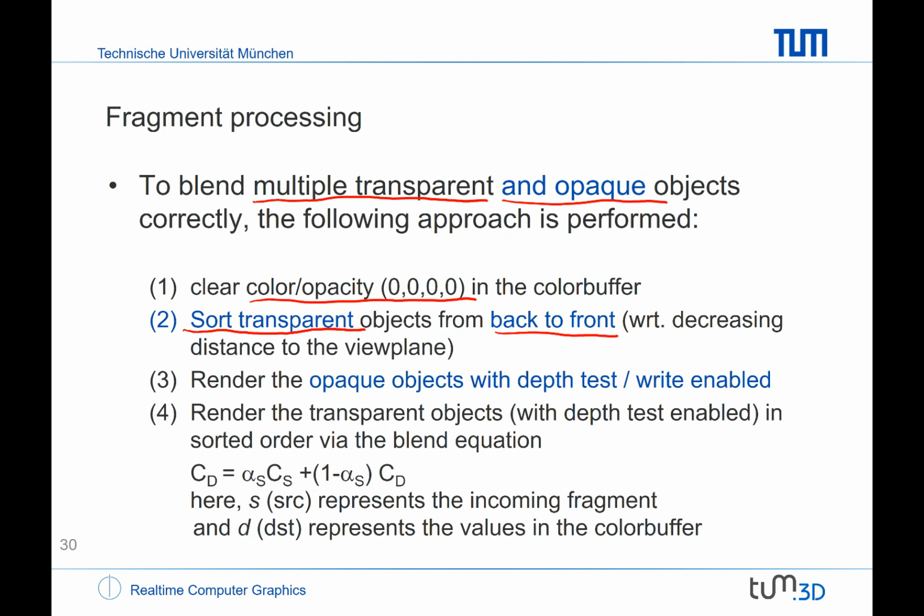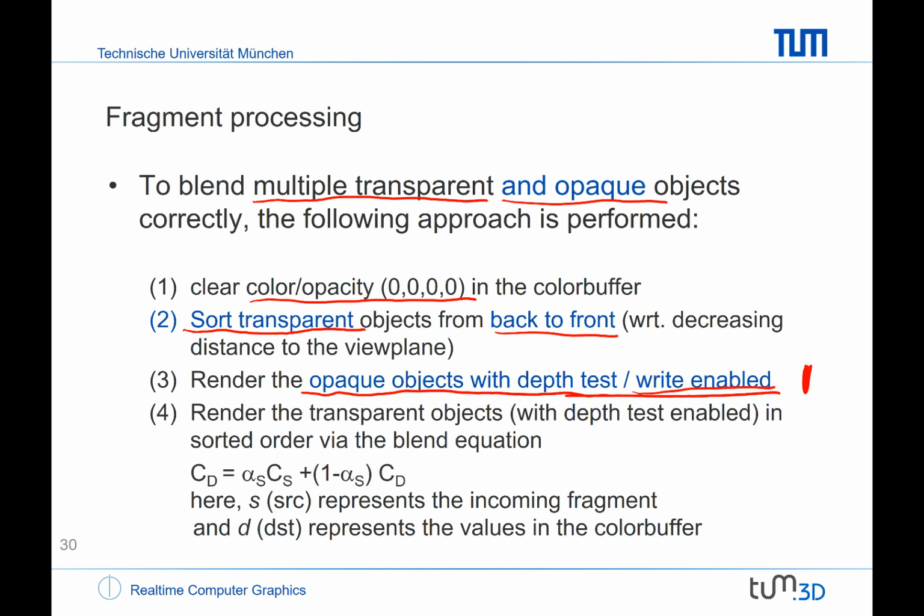And what we now do is we render first only the opaque objects, and we enable depth test and write enabled. So that is just the classical rendering approach. We have opaque objects, we use the depth test, and whenever a fragment survives the depth test, that fragment writes its own depth value into the depth buffer.